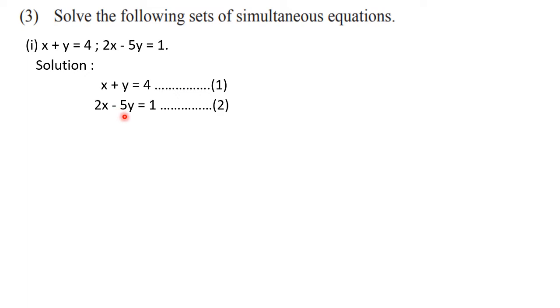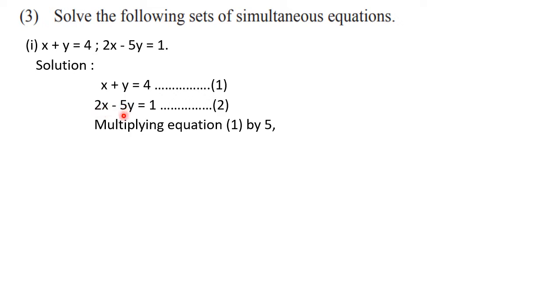So we need to make any one coefficient equal. That is why I am multiplying equation 1 by 5. See here, I want to equate the coefficient of y, so I am multiplying equation 1 by 5. If you want to equate the coefficient of x, then you can multiply equation 1 by 2 also. It is your choice which coefficient you want to equate.